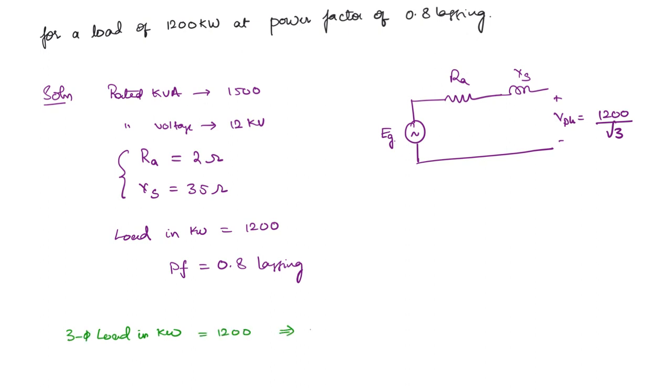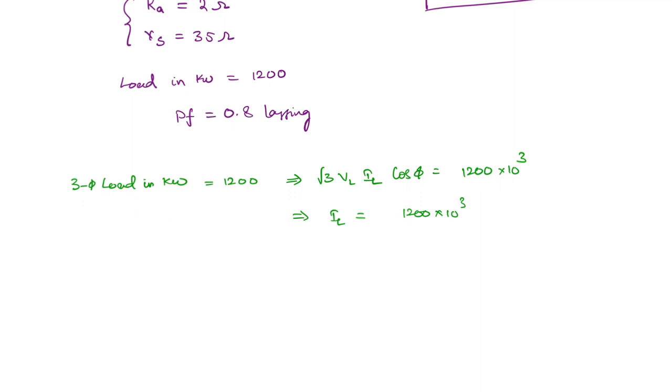So this means that root 3 VL IL cos phi is equal to 1200 into 10 cube. So this will give you IL is equal to 1200 into 10 cube divided by root 3 into 12,000 into power factor, which is 0.8. So you're going to get 72.16 amperes here. Okay.